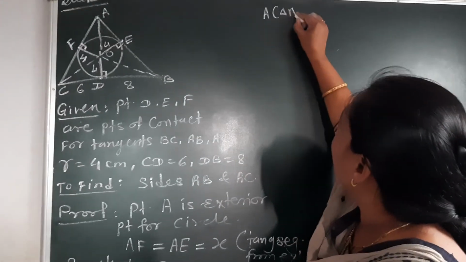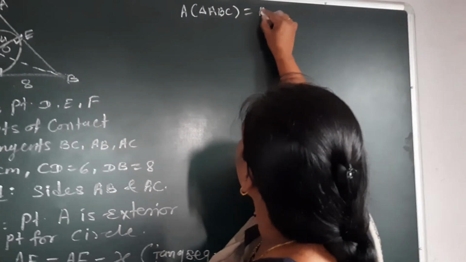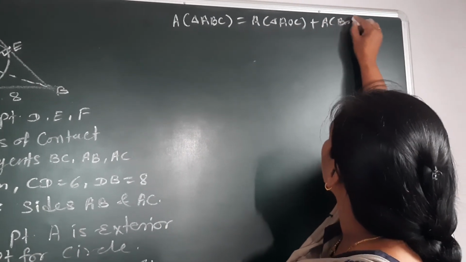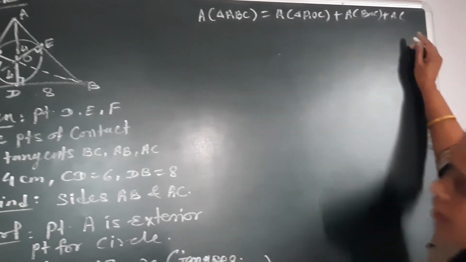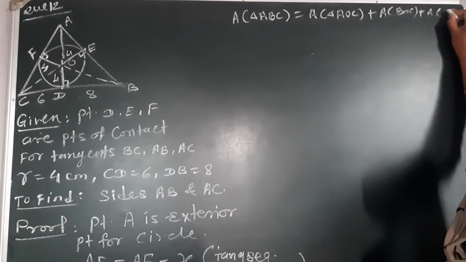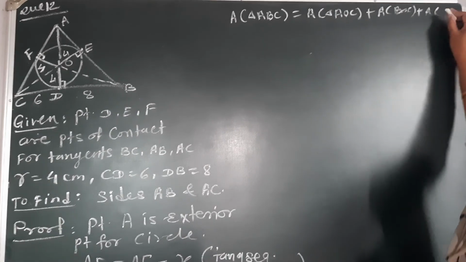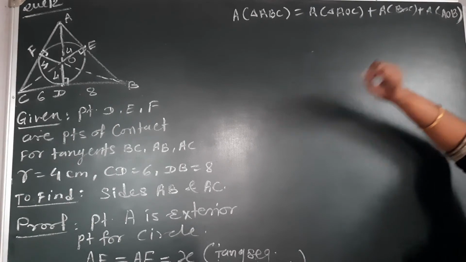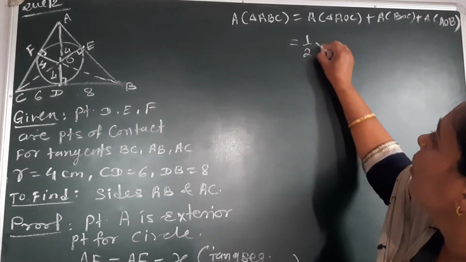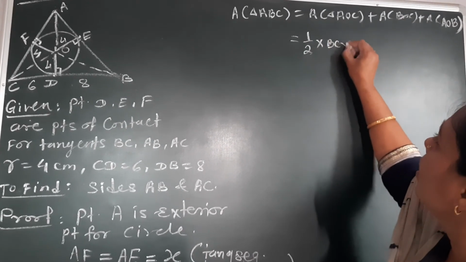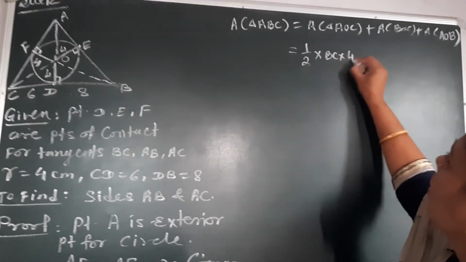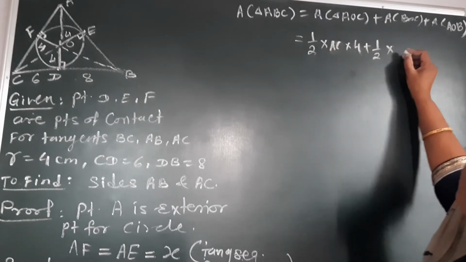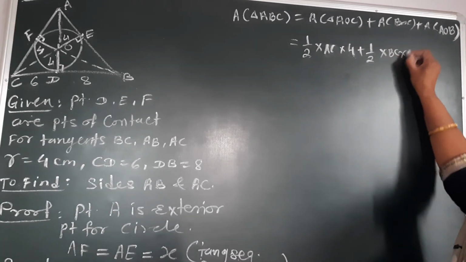Area of triangle ABC is equal to area of triangle AOC plus area of triangle BOC plus area of triangle AOB. Now here, 1 by 2 into base, which is AC here, into height 4. Plus 1 by 2 base BC into height 4.